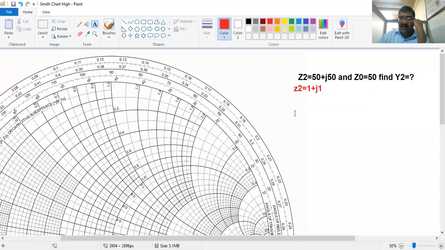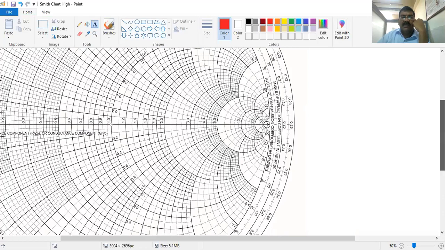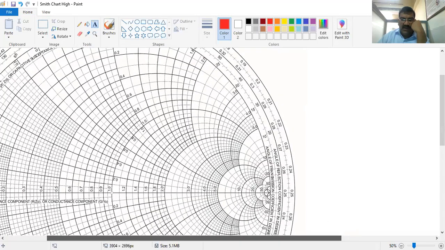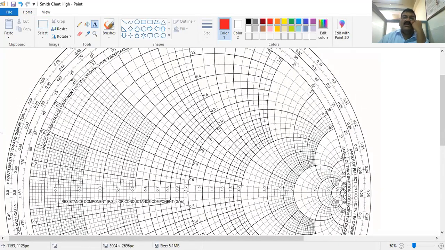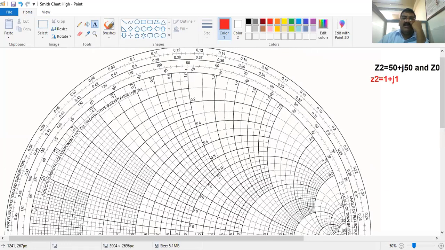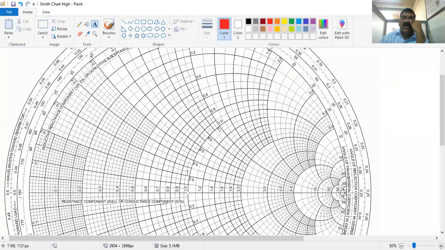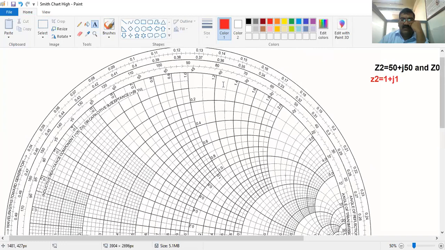Now you can plot this 1 plus j1. So where will 1 plus j1 be? This is the 1, and this is the upper line of 1. Just take a marker so that you can understand this.